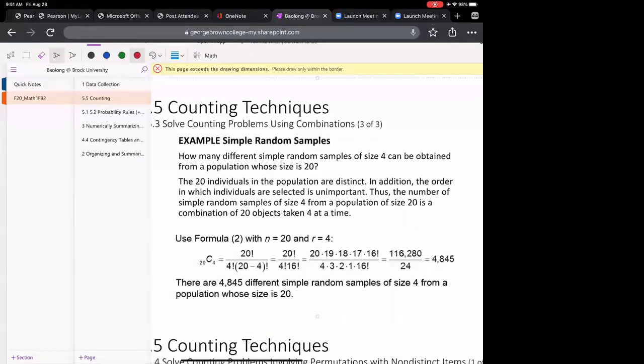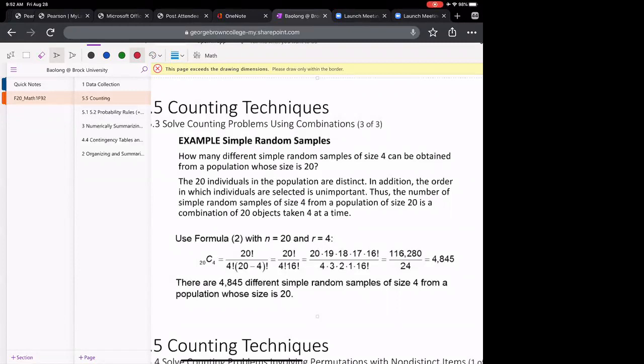How many different ways can I select these 4 objects? Let's clarify some requirements. The 20 individuals in the population are distinct, and the order in which individuals are selected is unimportant.